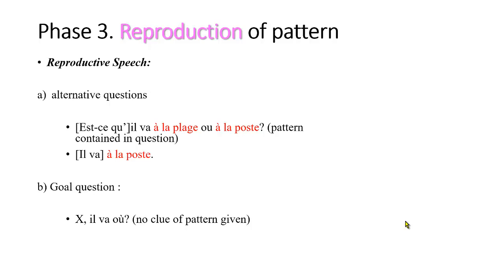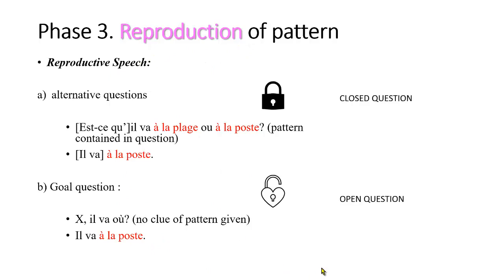Jean, he's going where? Il va à la poste. So that it's within a very, very familiar, well-practiced, well-rehearsed context, which is why we're calling it just the reproduction of the pattern. So closed questions there, and then an open question here, but it's an open question within a context that they know. Some people might call this the productive stage.